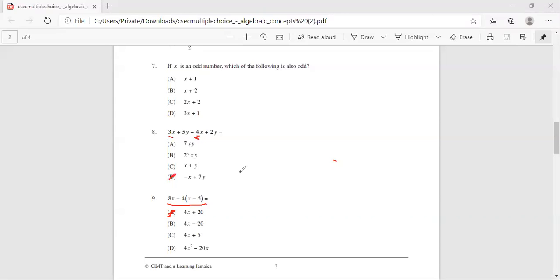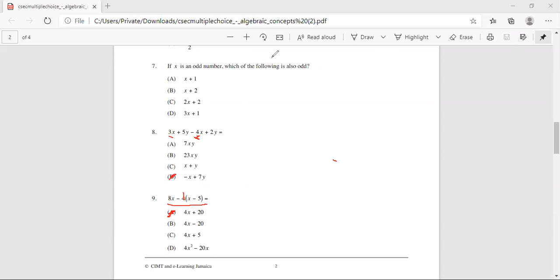Multiply the -4 by whatever is in the bracket. Yes, sir. The -4 is the only thing affecting the bracket. It's not like this here.